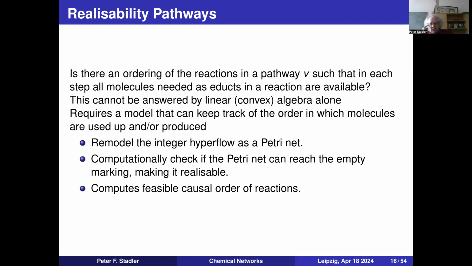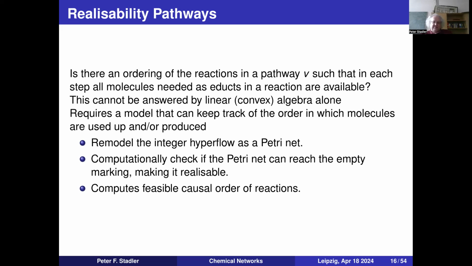And there is no way you can make this transformation work in your network, even though the linear convex algebra calculation tells you there is a nice flow that goes from here to there. In order to answer that, and this is very much Cecil's work, the idea is to remodel this integer hyperflow as a Petri net, and then one can check whether the Petri net actually is realizable in the sense that you do the usual checks for empty markings at the end in Petri nets.